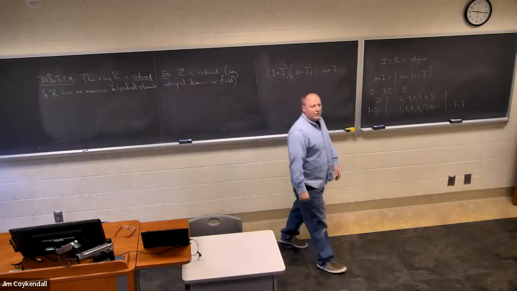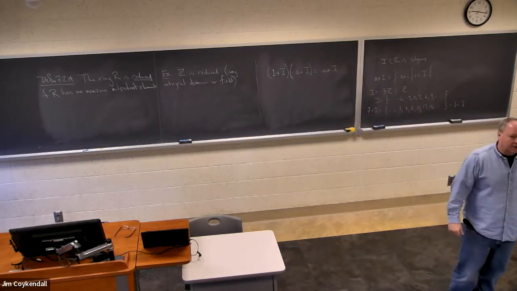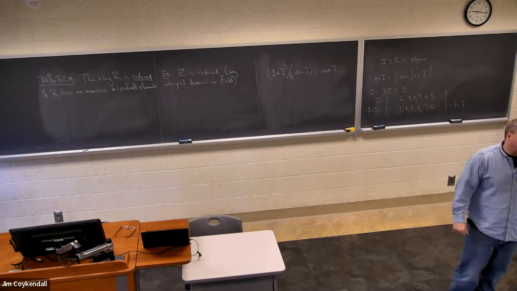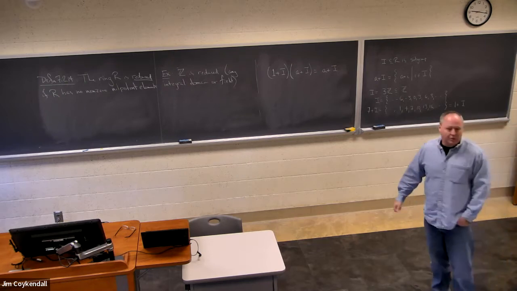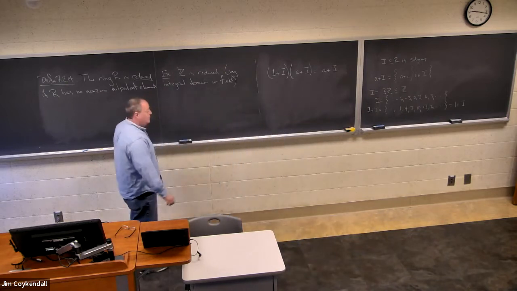Any field, or more generally, any integral domain is reduced. Because if you don't have any zero divisors, it's impossible to have any nilpotents that are not zero. You can have zero divisors and still be reduced.